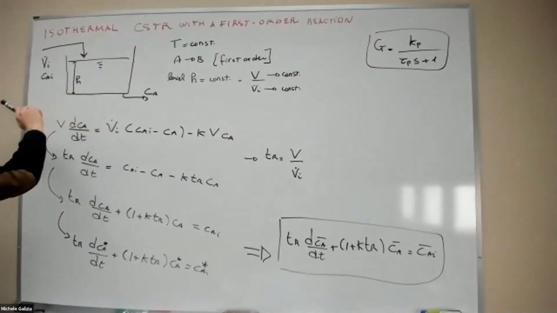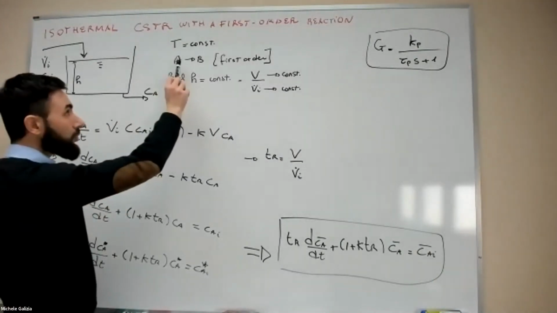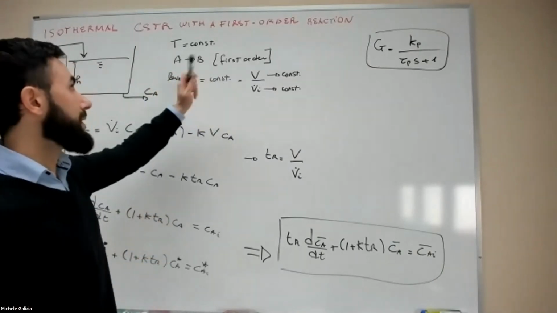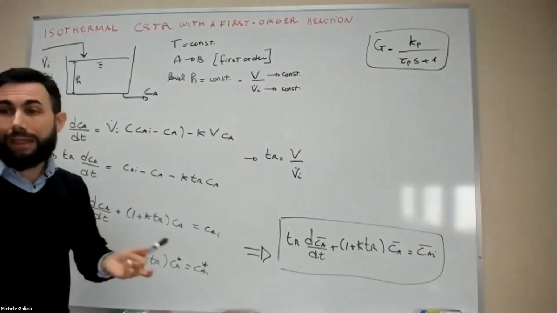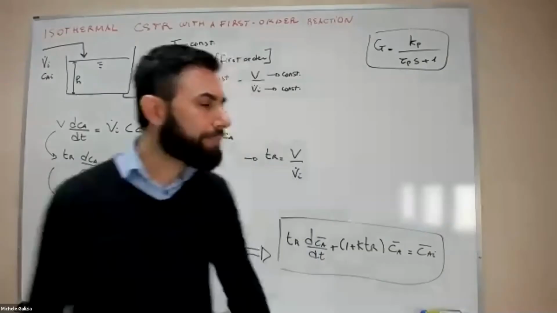We have a CSTR, VI dot is the inlet volume flow rate, CAI is the inlet reactant concentration. The reaction is elementary, A gives B, first order. The temperature is constant, so the kinetic constant is constant.